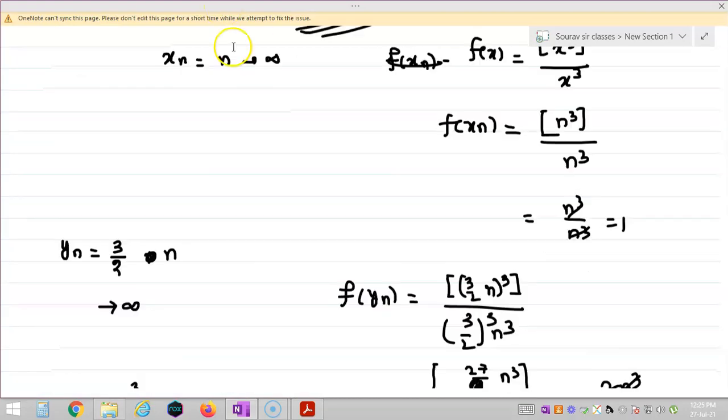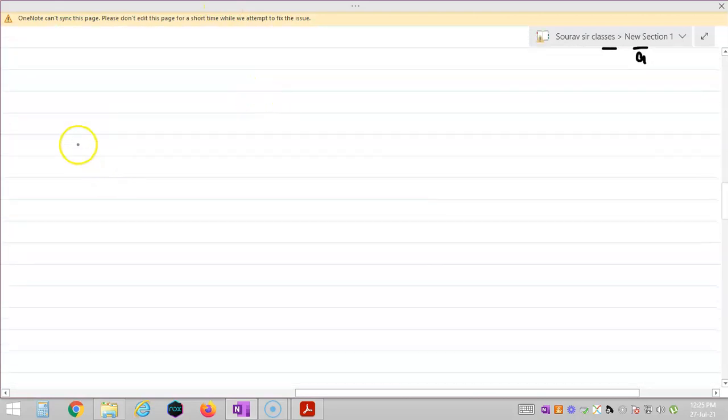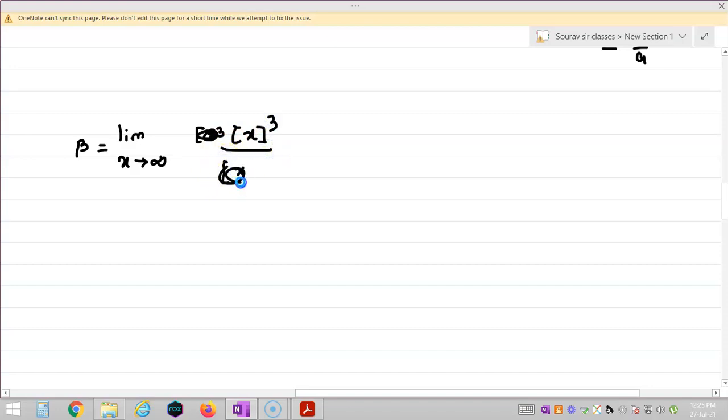So we have talked about alpha. Now let's talk about beta. Beta is equal to the limit as x tends to infinity of the greatest integer of x, whole cube, by x cube, right? Again I am choosing the sequence xn equal to 3 by 2 times n, and approaching infinity by this sequence, where f of x is equal to [x] whole cube by x cube.